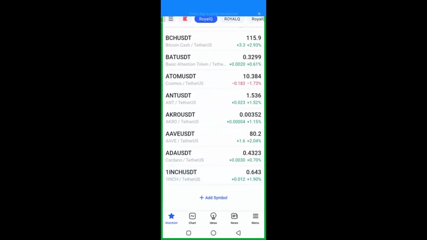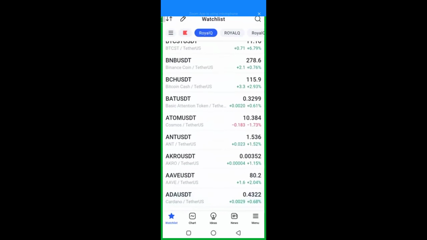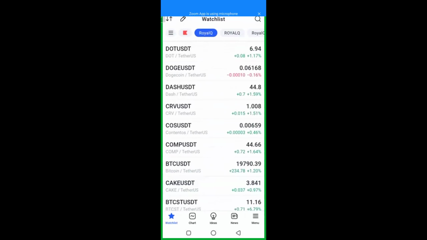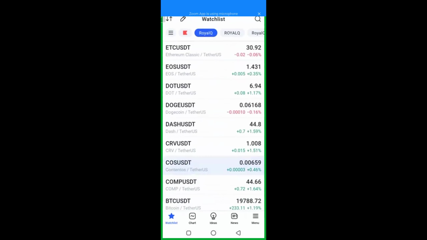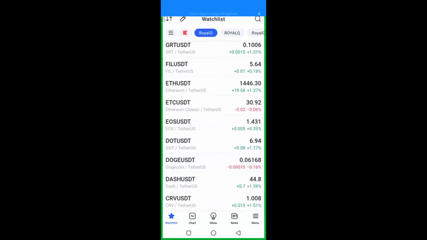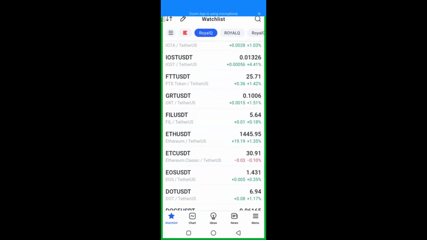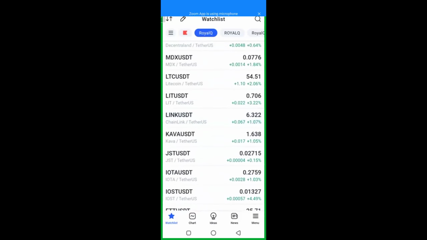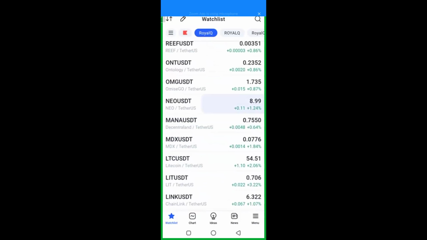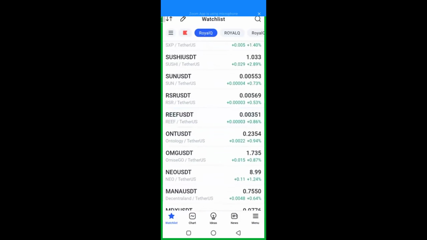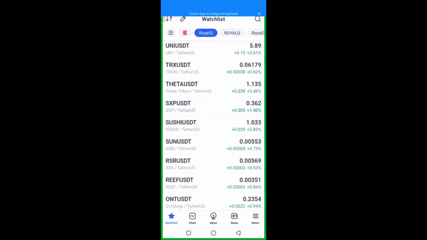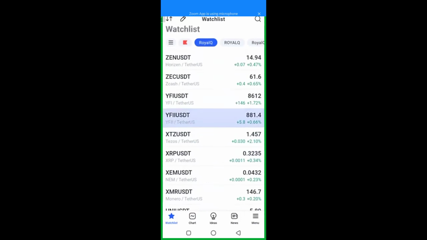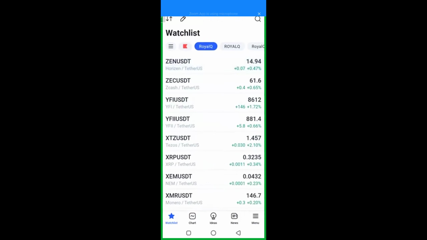Now you can see this is 1, 2, 3, 4, 5, 6, 7, 8, 9, 10, up to 52. We have 52 coins from general.